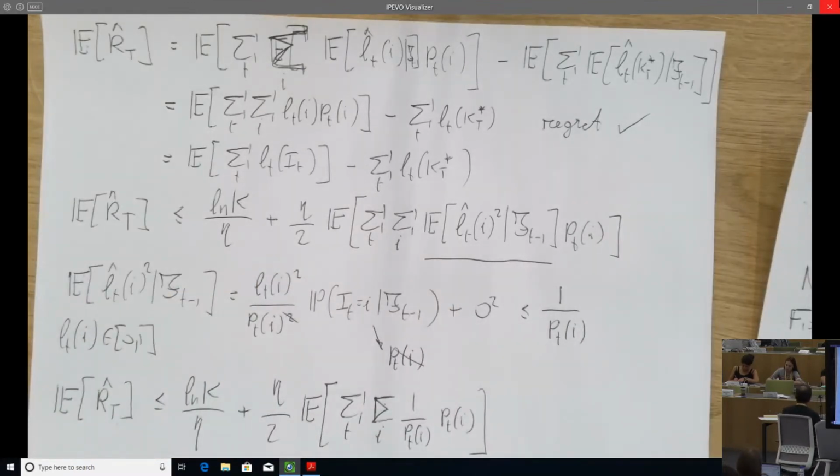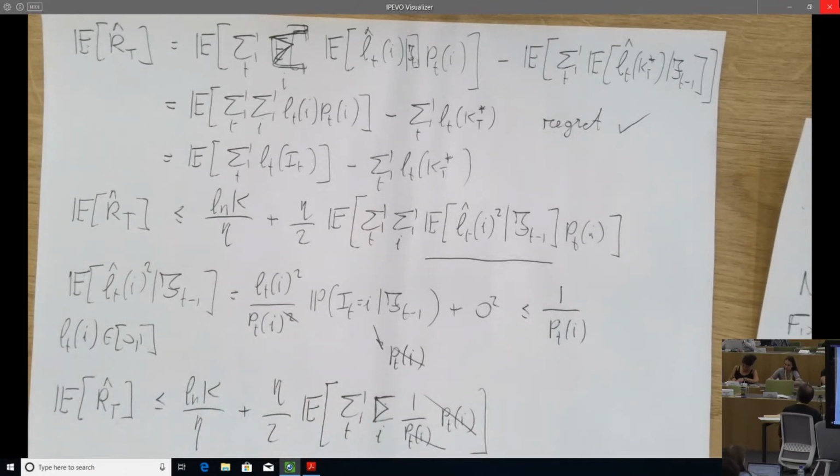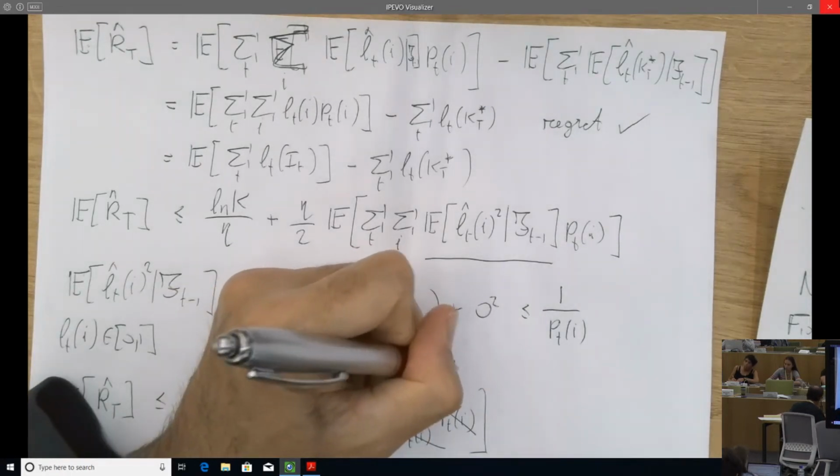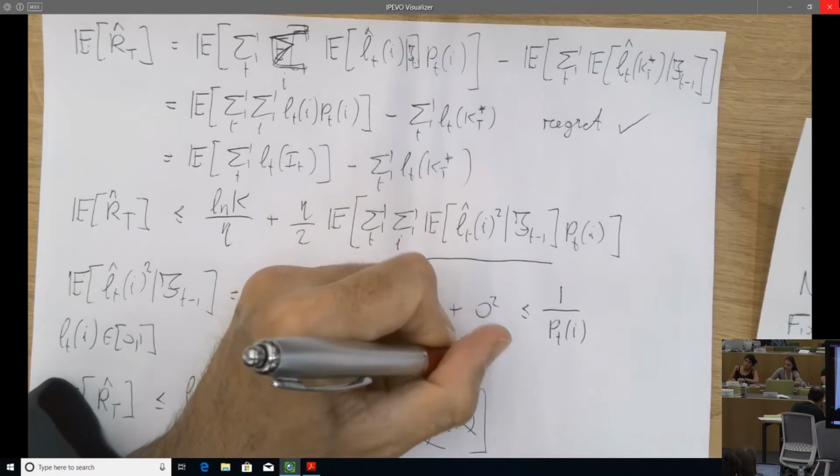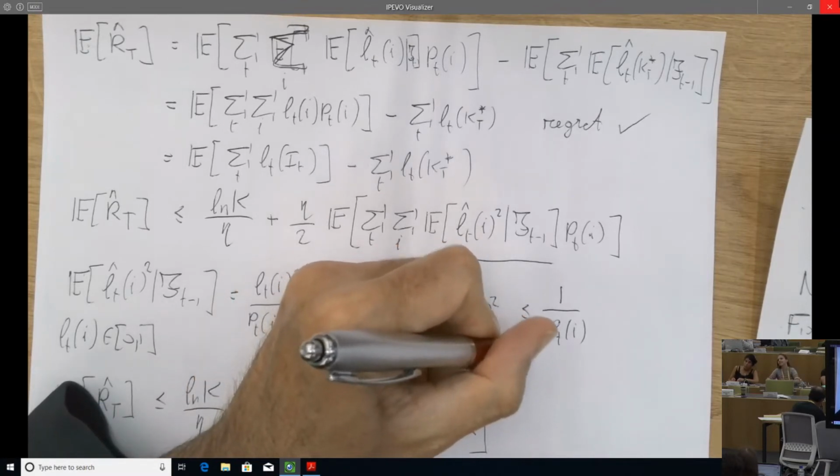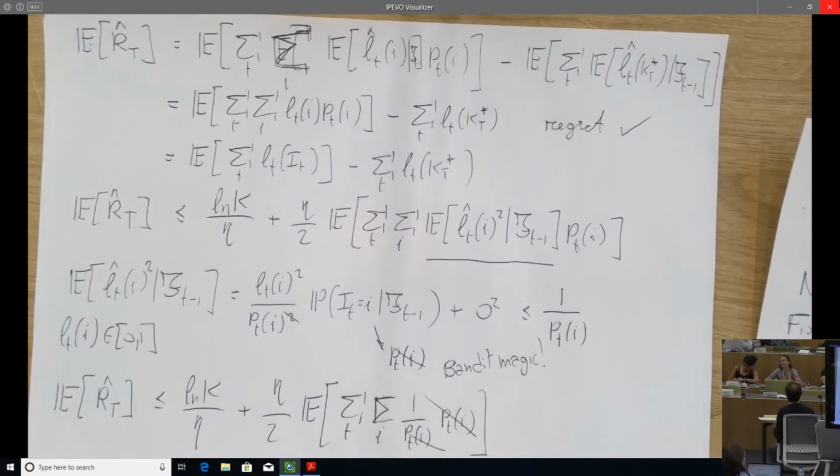Oh, wow. So I can cancel this with that. This cancellation is so pleasant that it got a name. It's called the bandit magic. Bandit magic is when the variance of your importance weighted estimates is nicely controlled because of this strange interplay between the probabilities and the variances.